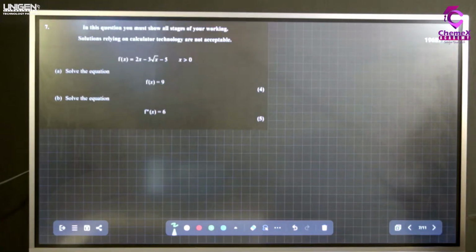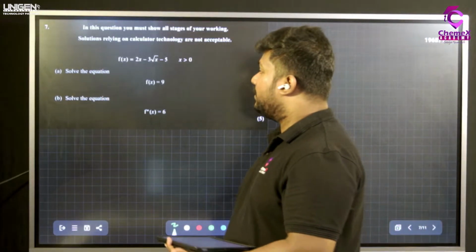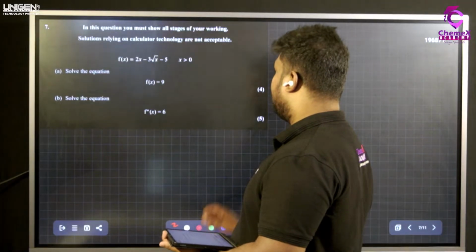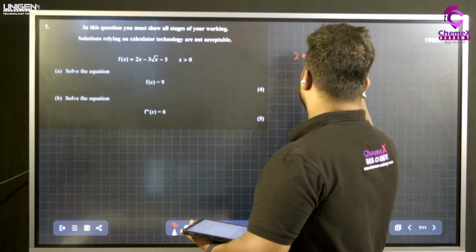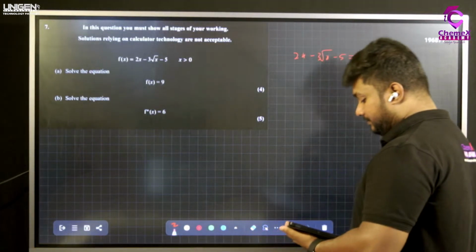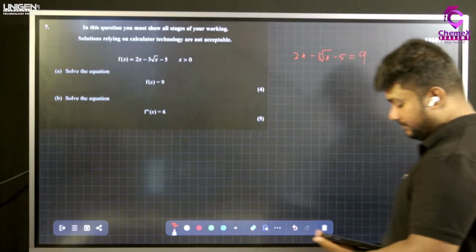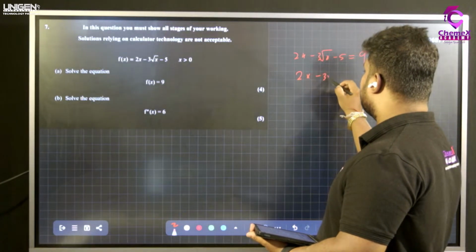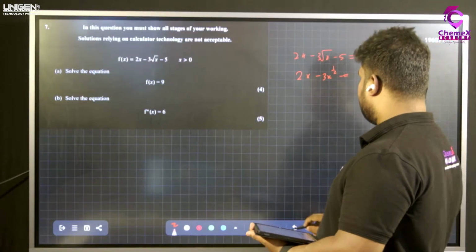Seventh question. How do you do it? In order to solve the equation f(x) equals 9, it is simple. How? 2x minus 3 root x minus 5 equals 9. Then what do you do? 2x minus 3x to the power half minus 14 equals 0.